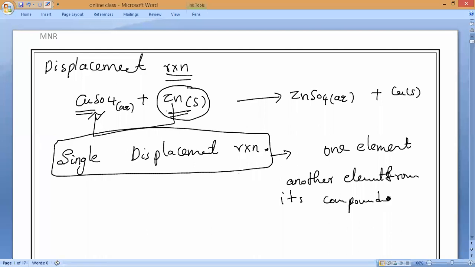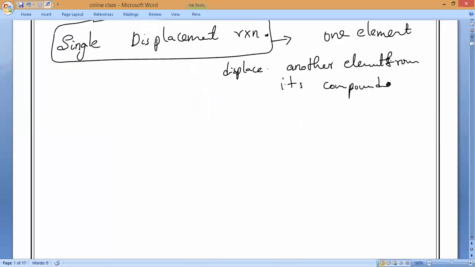Only an element is displacing; no ions are displacing. One element displaces another element from its compound. That is why it is called a displacement reaction or single displacement reaction.